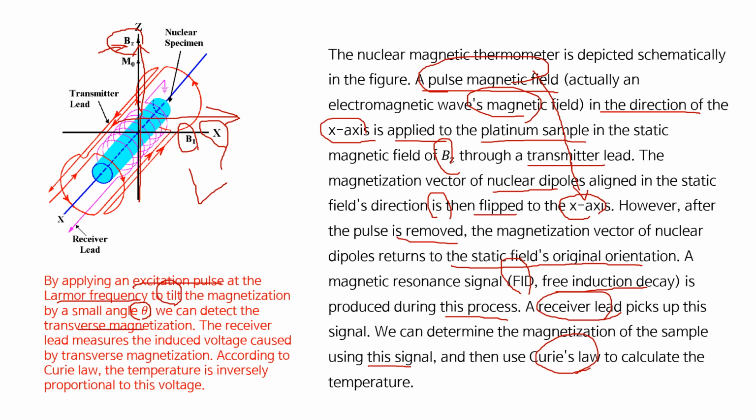The receiver lead measures the induced voltage caused by this transverse magnetization. This voltage is proportional to the magnetization. Curie's law says that the magnetization is inversely proportional to temperature.